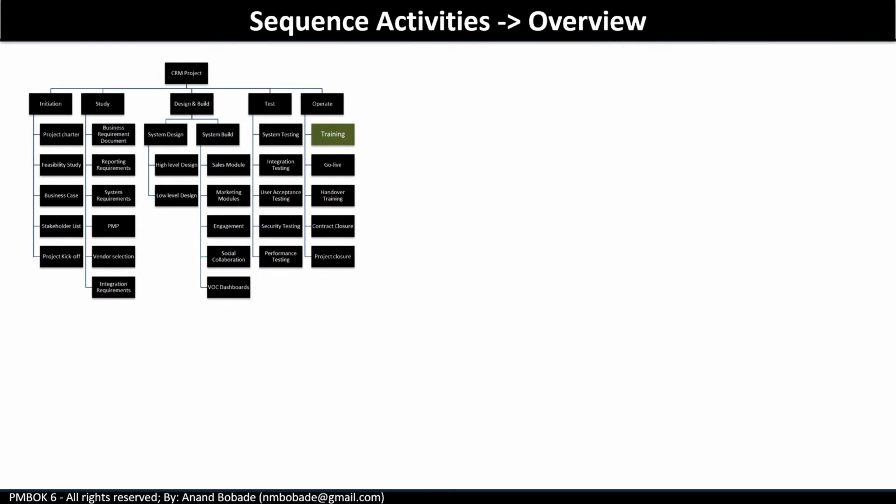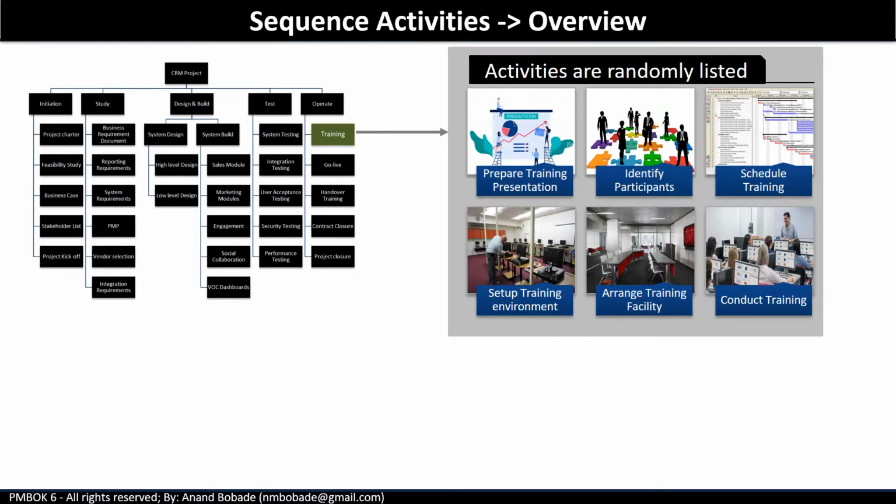In the previous session, you learned the define activities process, where we listed activities required to complete the work package training under the CRM project. If you look at the list of activities, they are randomly listed, and as of now we don't know how we will achieve the goal of completing training. What is the sequence in which I have to execute these activities so that I can complete training? So what do we do next?